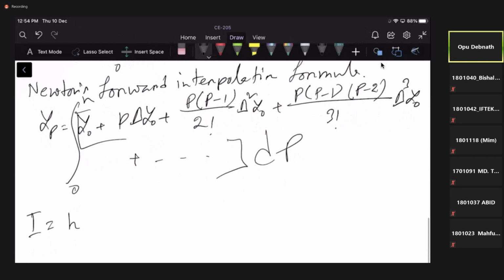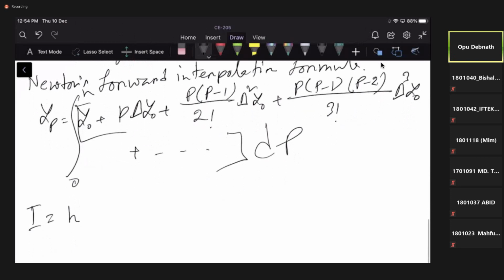So the total integrated value you will find after integration is like this: h times, y0 is a constant term, and if you take the integration from 0 to n, you will get n y0 plus p del y.